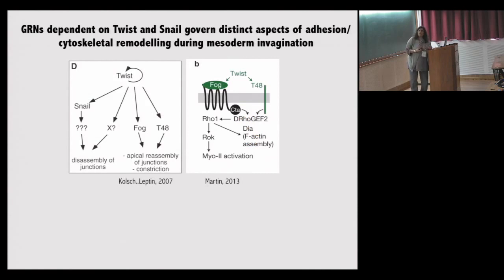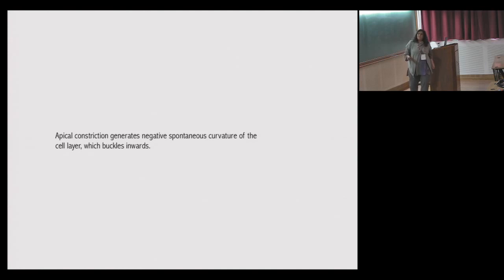And we also saw how the two transcription factors that were the targets of that dorsoventral patterning gradient have distinct effects on adhesion and contractility. So in some sense, we could say that what apical constriction generates for a tissue is a sort of negative spontaneous curvature of the cell layer, which buckles inwards.